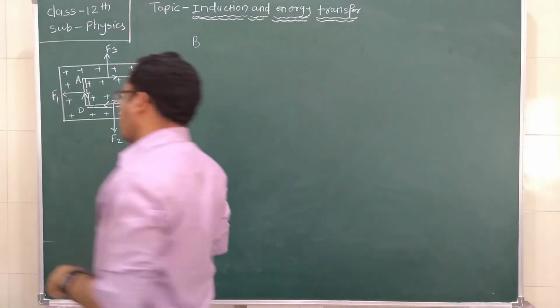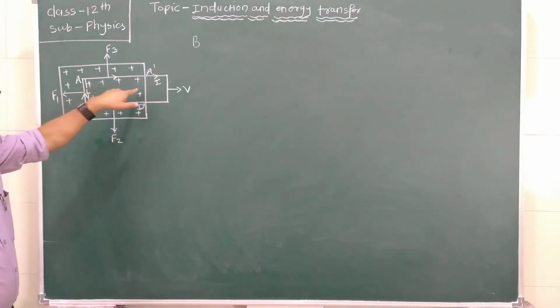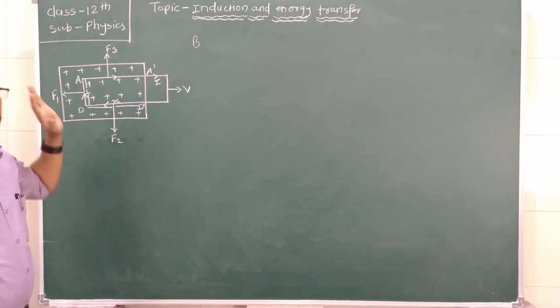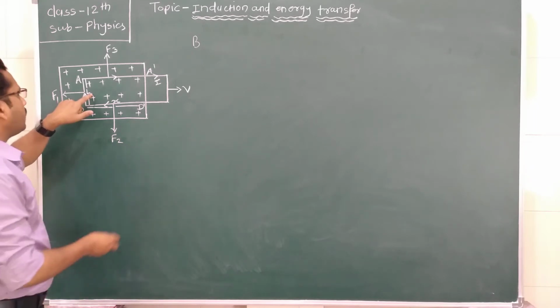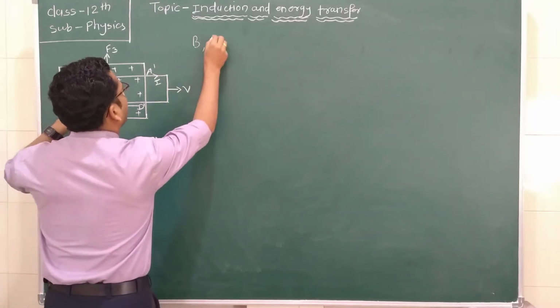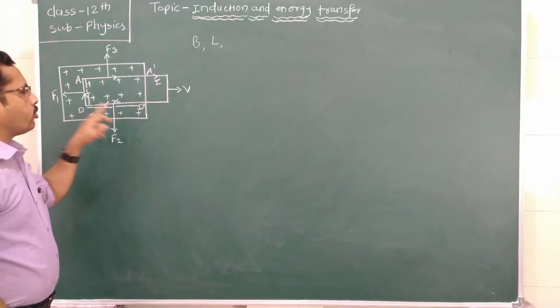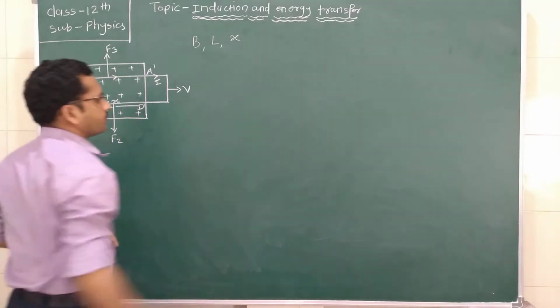This plus sign indicates the magnetic field which is directed inwards the board. Consider the length of this loop is equal to L, and the part of this loop inside the magnetic field is equal to x.